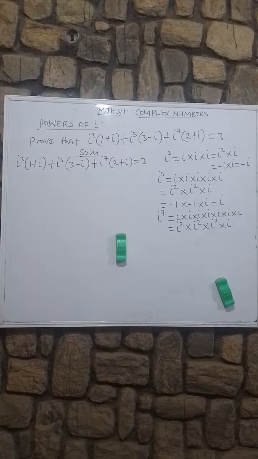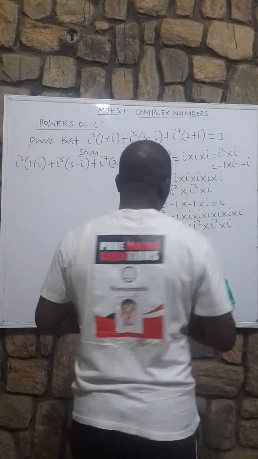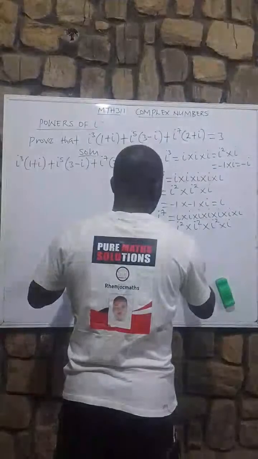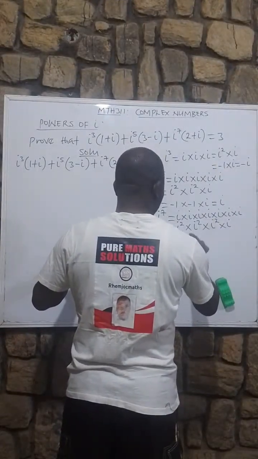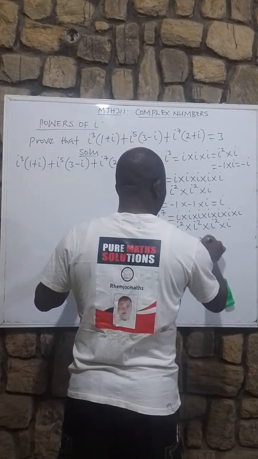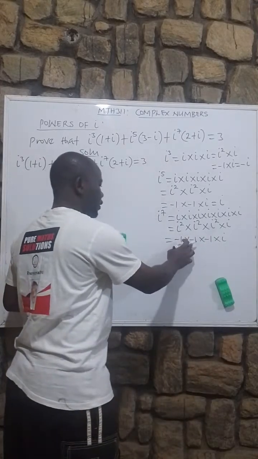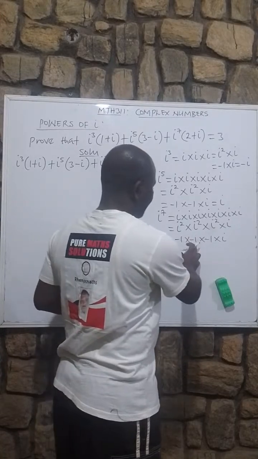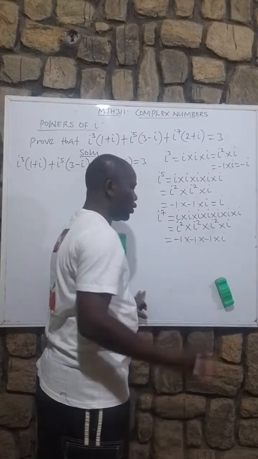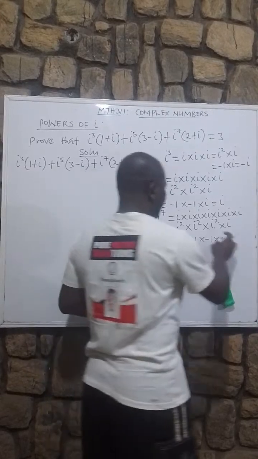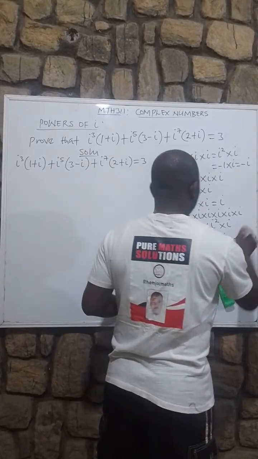Okay, so what we need to do is, let us recall that i to the power 7 is -1 times -1 times -1 times i. Minus times minus is plus, 1 times 1 is 1, times minus is -1, times i is -i.